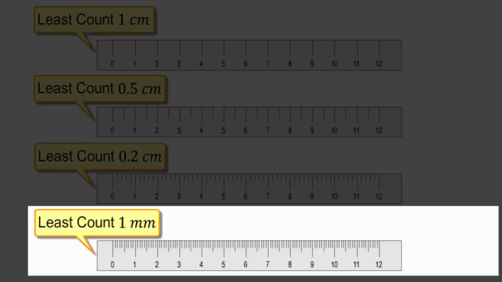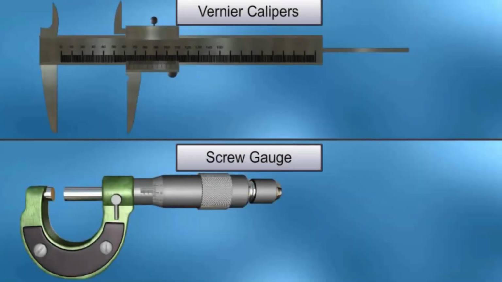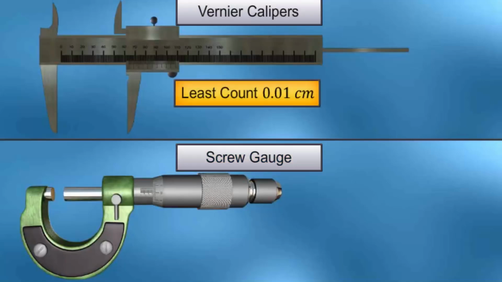In academic laboratories, the general equipment used to measure length is a vernier calipers and a screw gauge. The least count error in a vernier calipers is 0.01 centimeter and for a screw gauge is 0.001 centimeter.